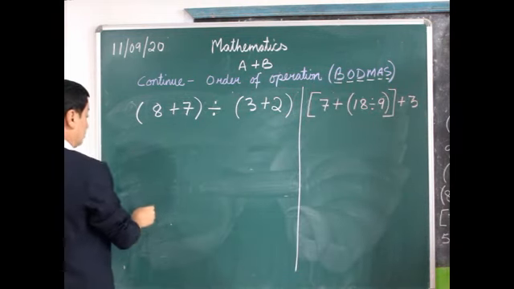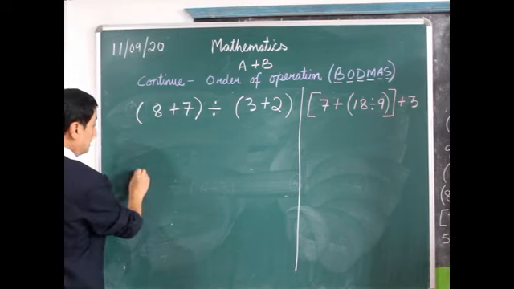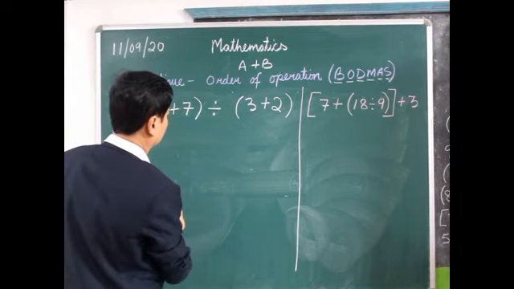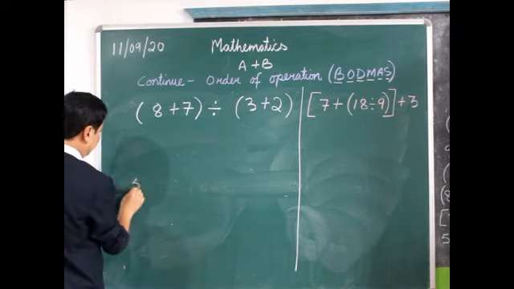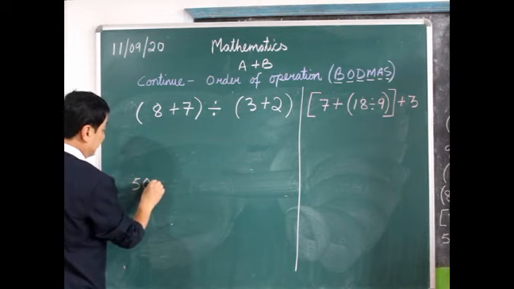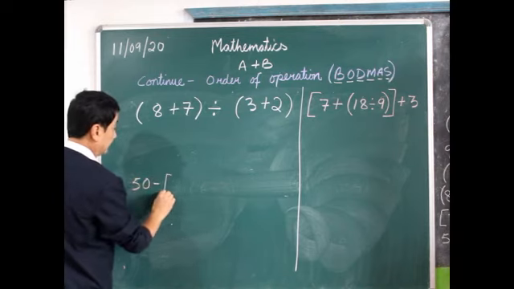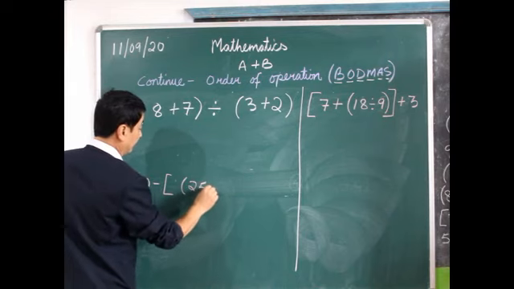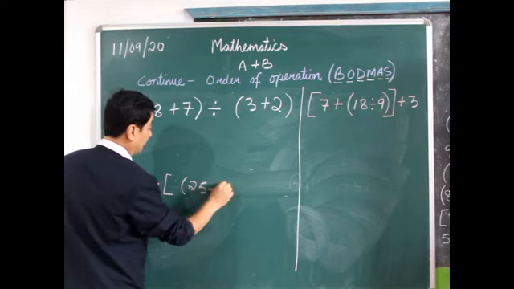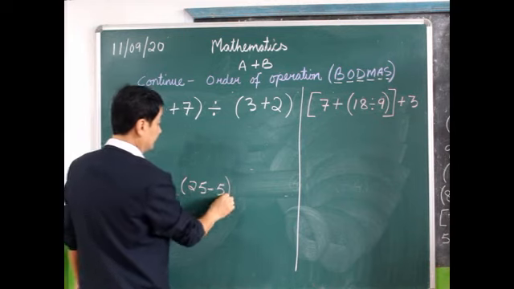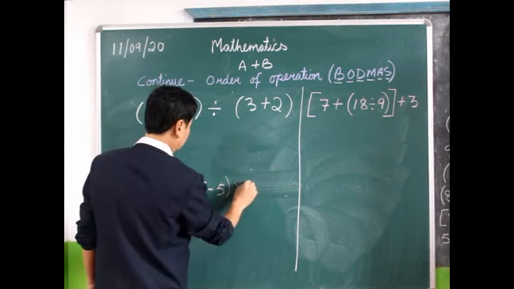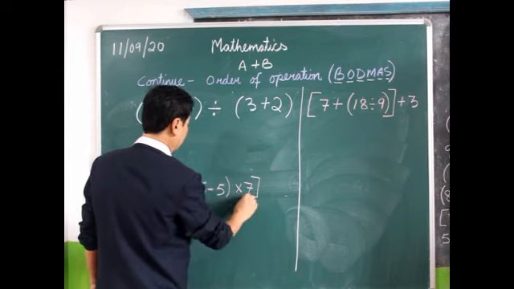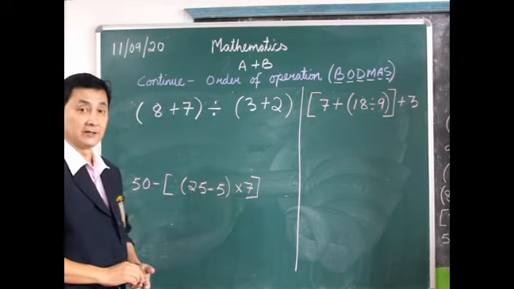Okay, so let's do one more. 15 minus 25 minus 5 bracket into 7 box bracket. Okay, are you ready?